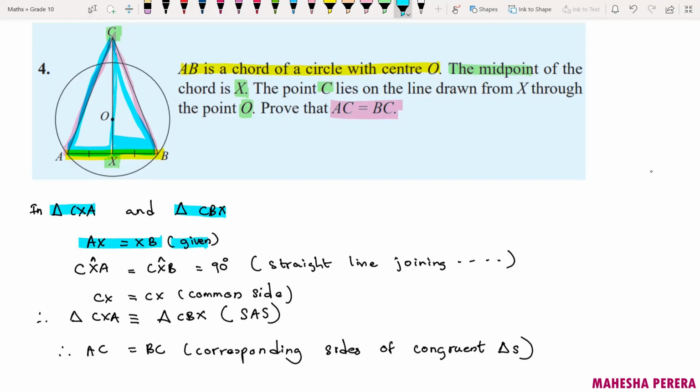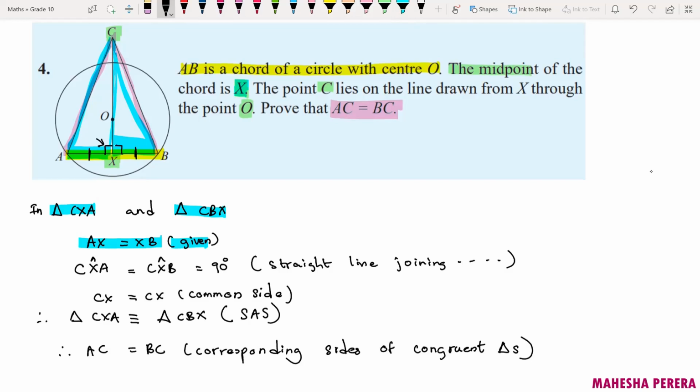It says that the midpoint is X. So it's given that these two sides are equal. And also, if you consider this angle over here, it should be 90 degrees. The other angle is also 90 degrees because of our theorem, the theorem related to chords of a circle.